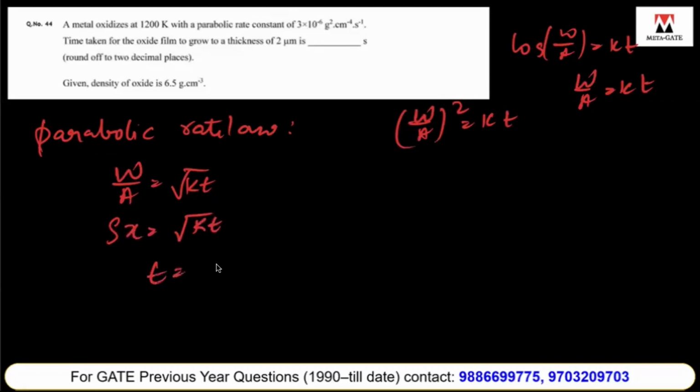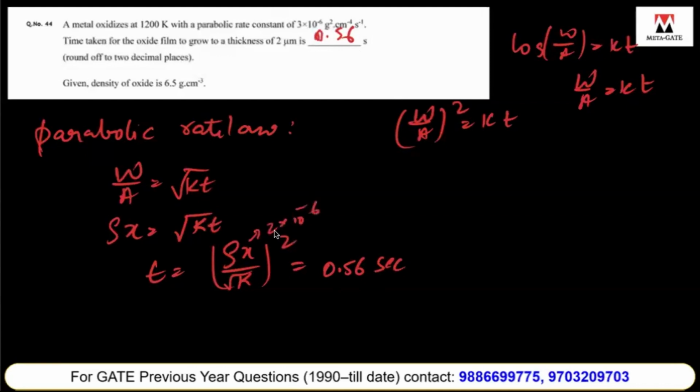So T is equal to, K is equal to 0.56. The oxide thickness is given as 2 into 10 power minus 6.